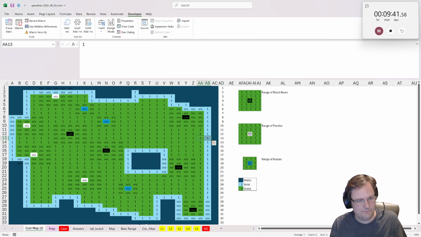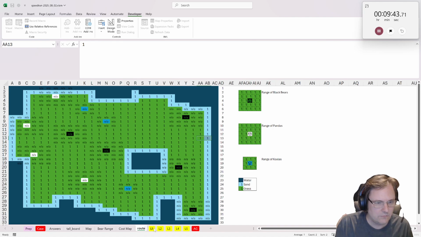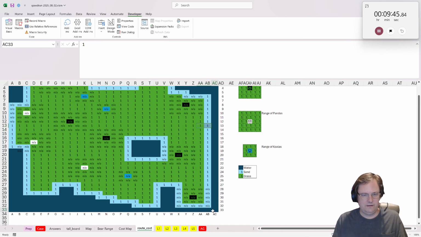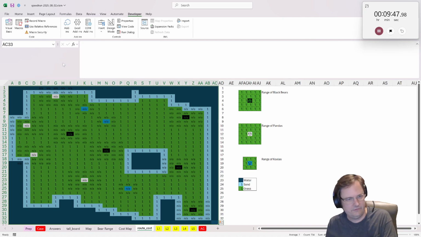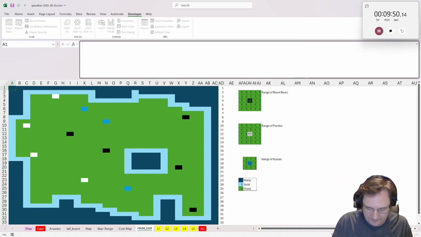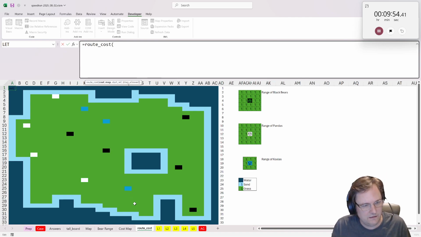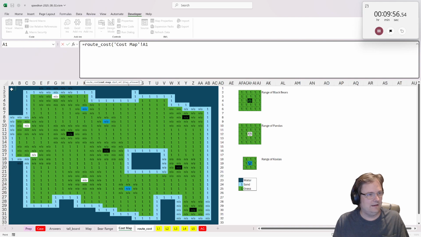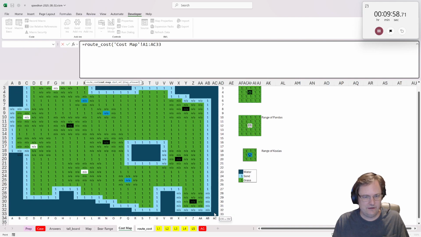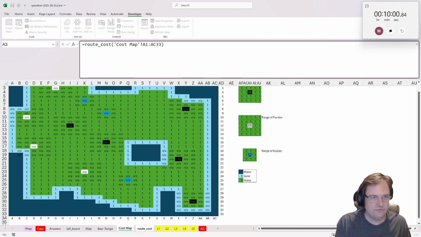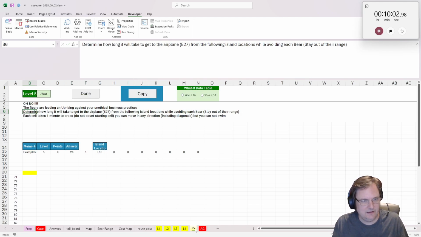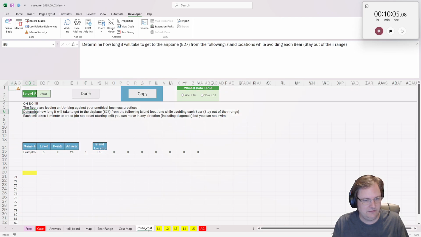So now I can make a route cost using my route cost lambda. So this uses a quick little Dijkstra's algorithm to calculate the fastest way to get from some starting location to everywhere, right? So I start with the cost map. I have to start at the airport, which is E27.